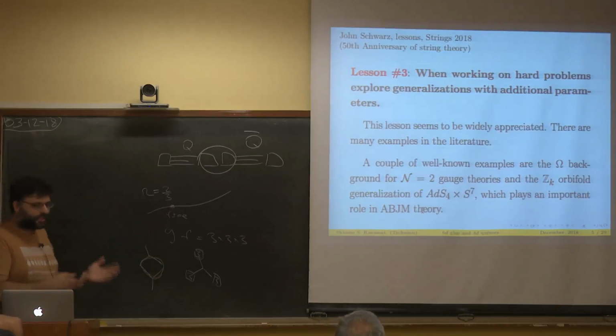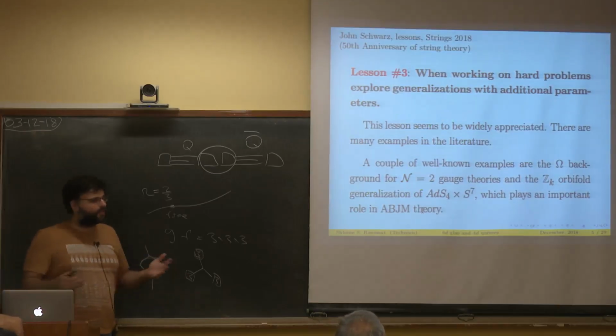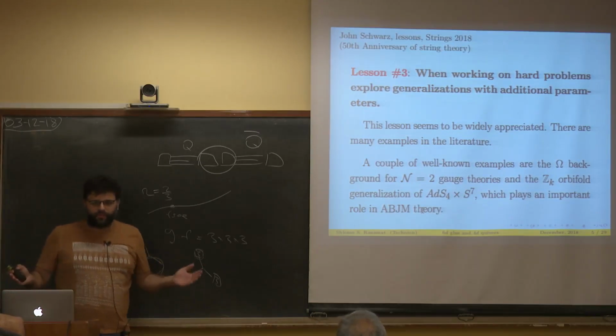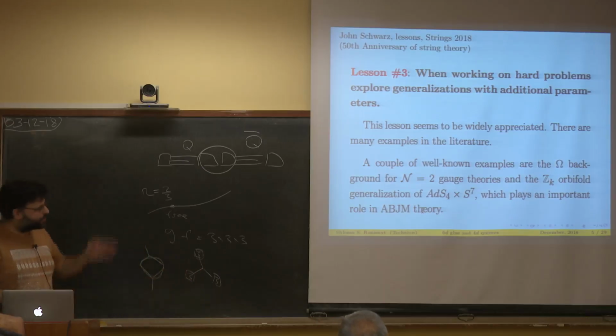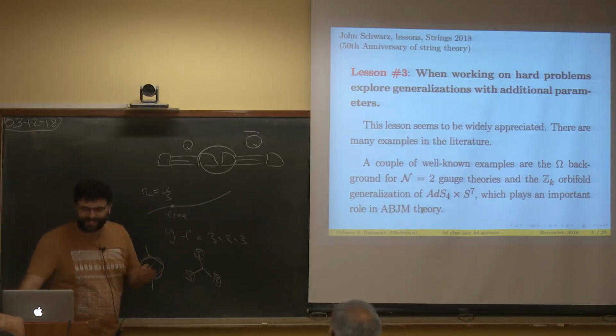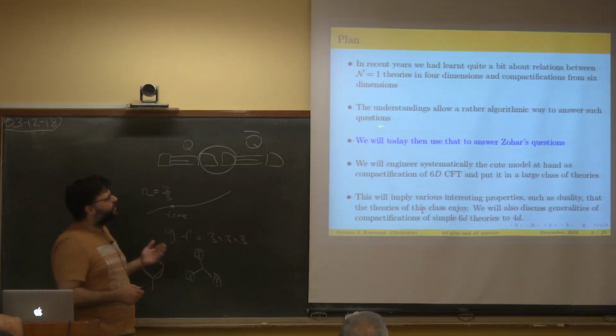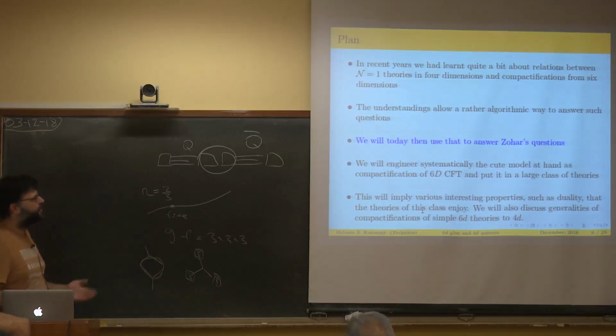So this is lesson number 3 from John Schwarz, and that's how the answer goes. When working on hard problems, you should generalize, and that's how we will answer such a question. We will think of it in a bigger framework of these compactification scenarios. Again, I don't compare the importance of the questions, but the lesson is a very generic lesson. Okay, so this is what I just said. We have learned a lot in recent years, and we have a rather straightforward algorithm.